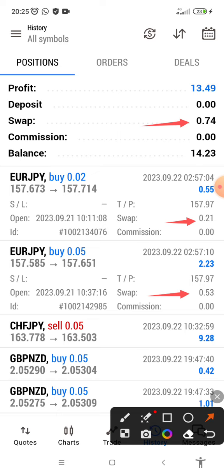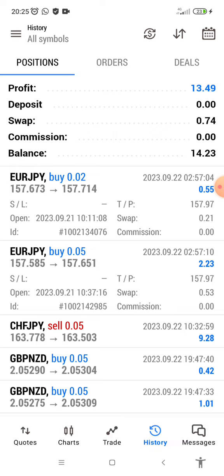It means it will be deducted from your account. But when the swap ends in positive like this one, it will be added to your account balance. So these were the trades that were given swap, because I took them yesterday on Thursday, and then the trade had to run to today, giving me a swap of positive 21 and then 53.